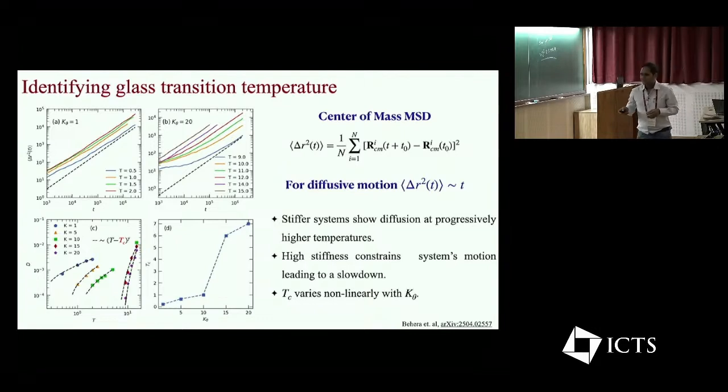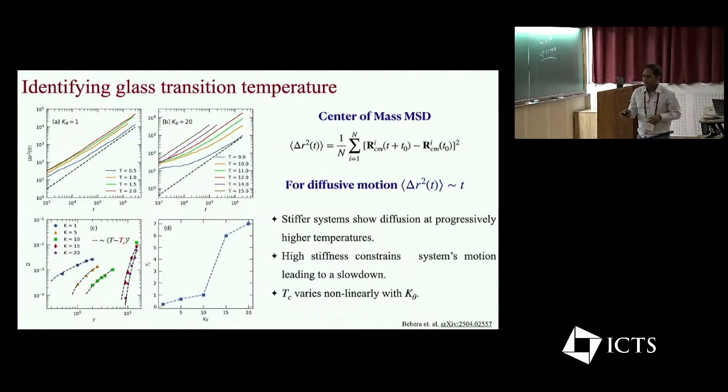If you decrease the temperature, diffusivity goes down. And if you keep the temperature fixed and increase k theta, that also reduces the diffusivity of the rings. So the threading interactions, and also the increased stiffness of the ring polymers, reduce the diffusivity.